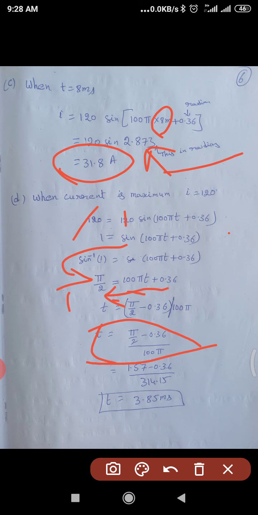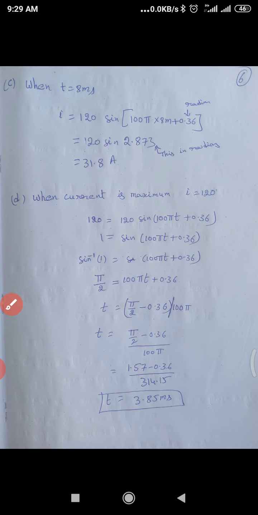Then we get 1.57 minus 0.36 divided by 100 times 3.14. If we simplify these values, we get t is equal to 3.85 milliseconds. That means at t is equal to 3.85 milliseconds, we get the current I is equal to 120 amperes.